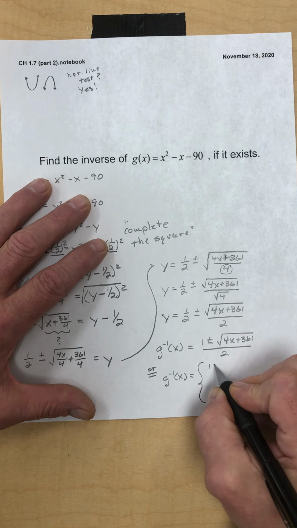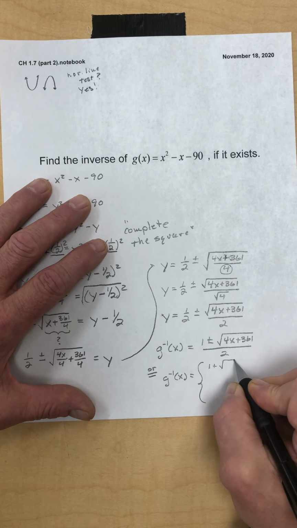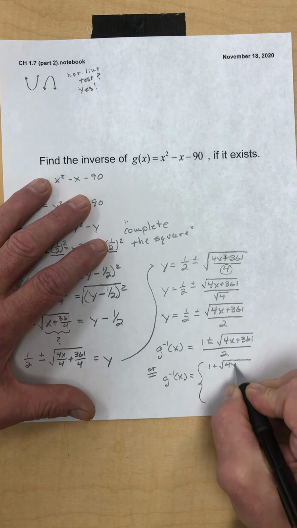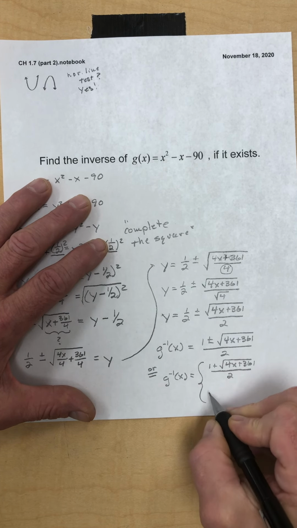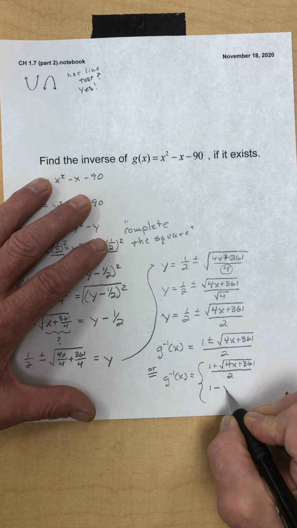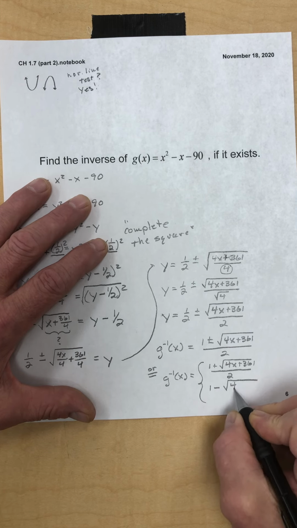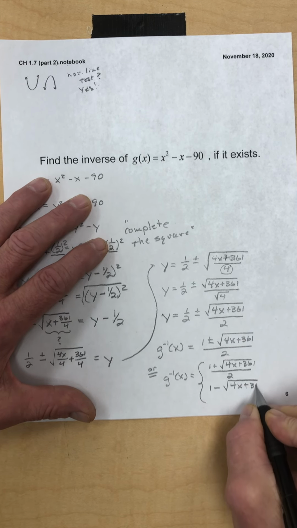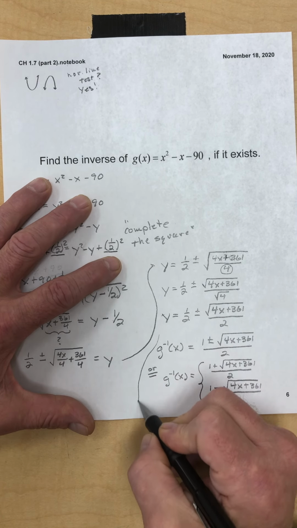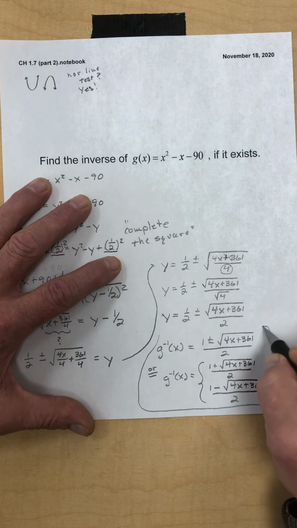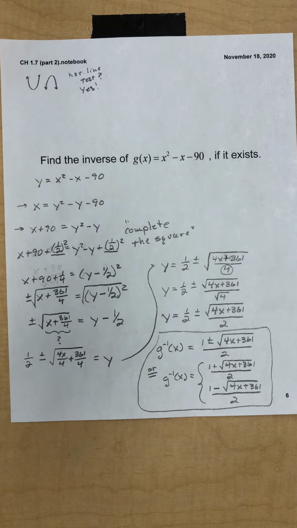So I could say 1 plus the square root of 4x plus 361 over 2, and 1 minus the square root of 4x plus 361 all over 2. Either way, those two forms of the answer are 100% correct.